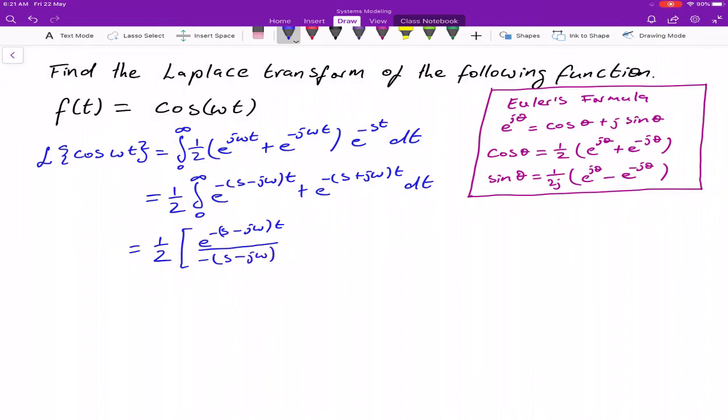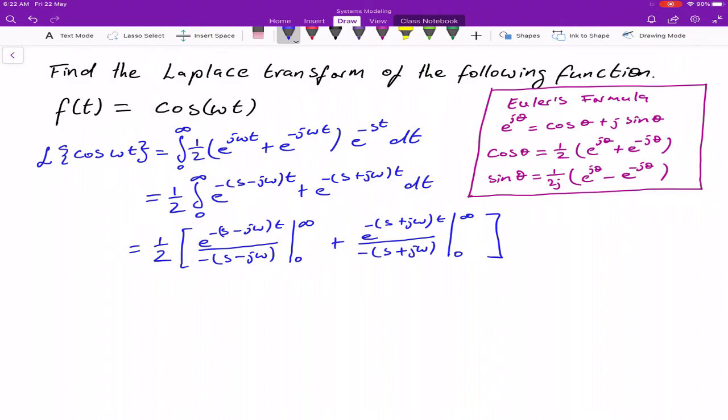All right, that part is done, and you can evaluate this between 0 to infinity, plus the next part. So if we integrate this, we are going to have e to the minus s plus j omega times t over minus s plus j omega, and again we are going to evaluate this between 0 to infinity. Then I'm going to close this bracket.